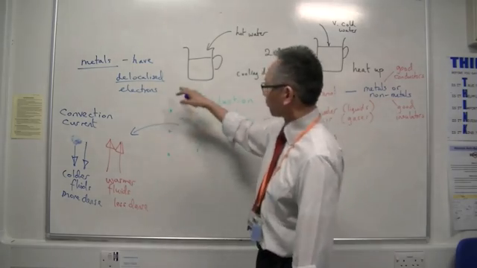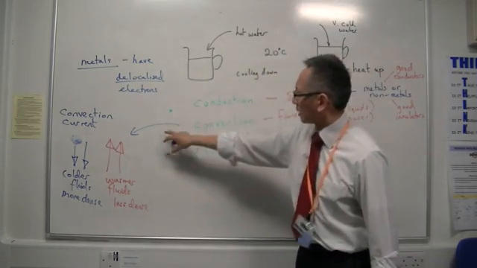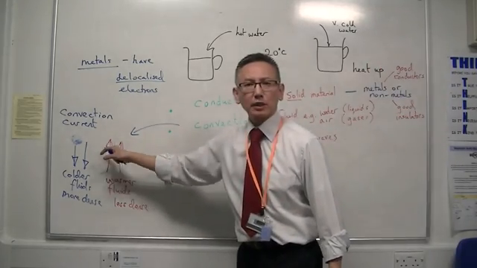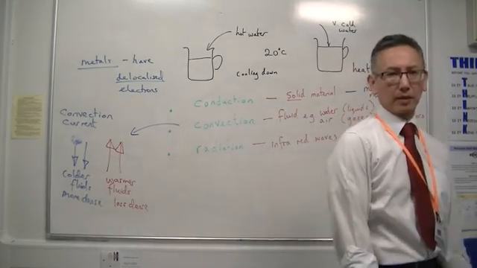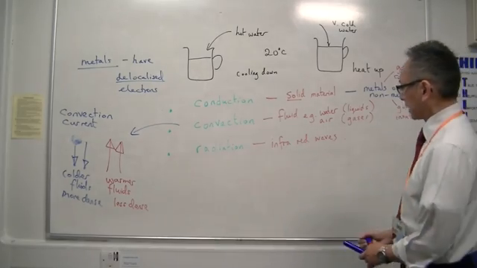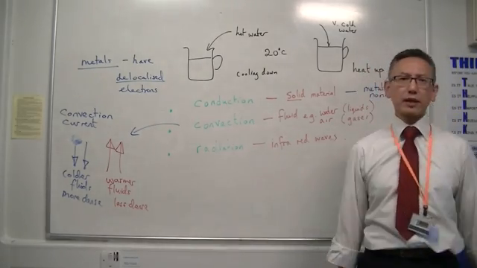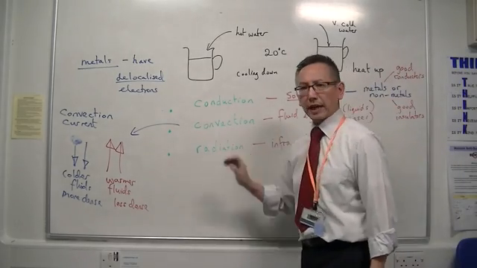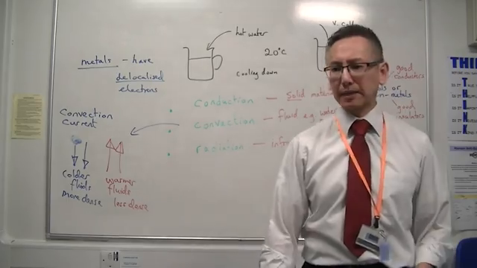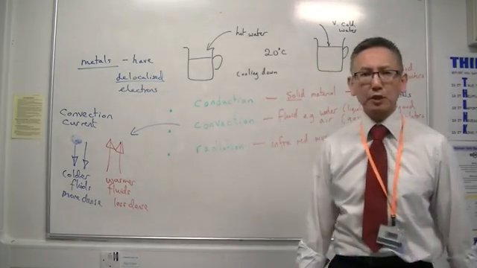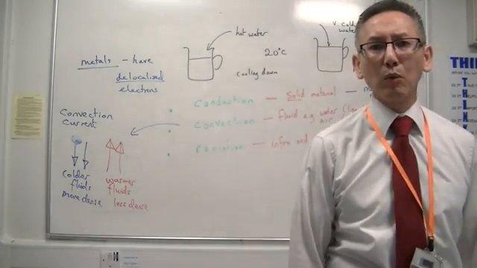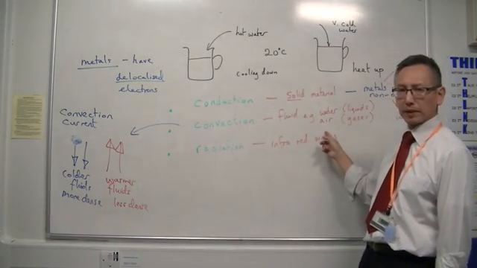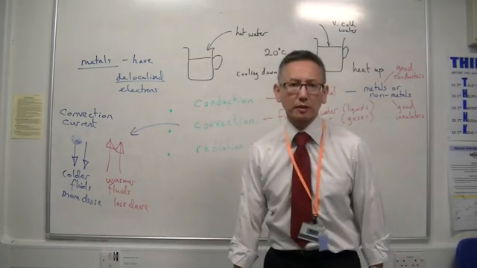Okay, so remember this. Conduction, solids. Convection, liquids or gases. Final one are these pesky infrared rays, these infrared waves. Any object that is above the temperature of its surroundings will simply give off infrared waves to the surroundings.